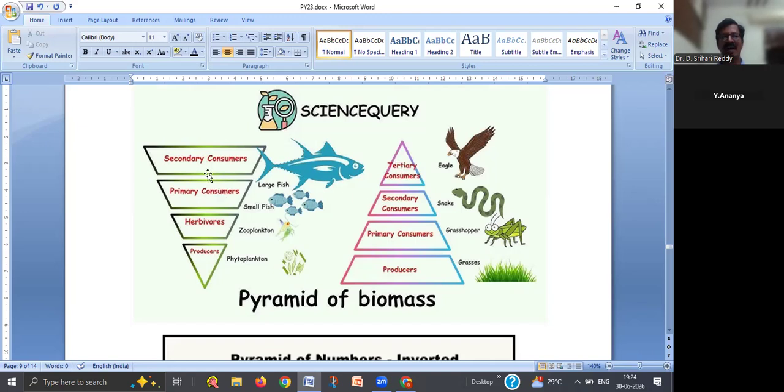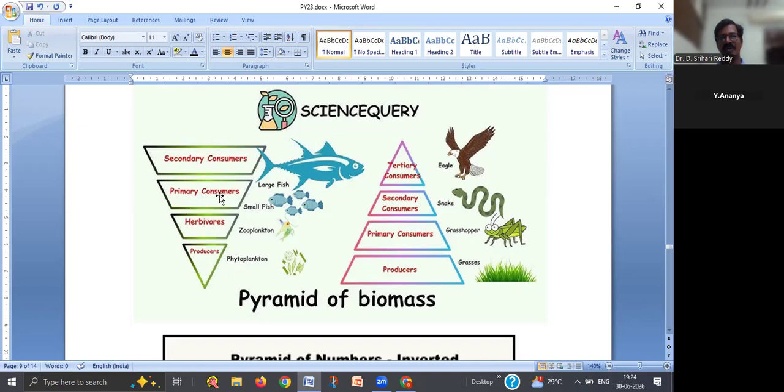But in the case of the marine ecosystem, we see the producers, though their number is more, their biomass is very less. It is the least. Phytoplankton, their biomass is the least. Next, the herbivores' biomass is more than the producers.